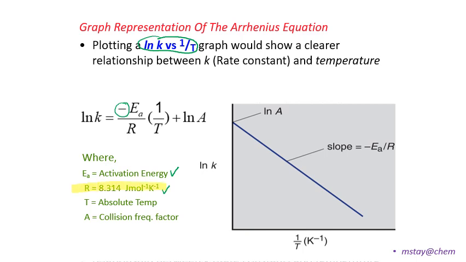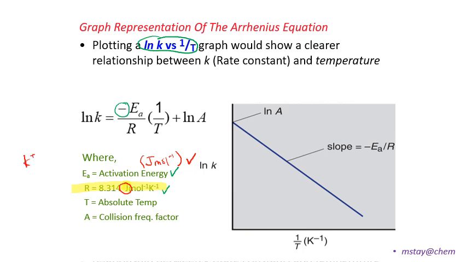Because the unit of the gas constant is in joule, when you do the calculation you have to make sure the activation energy is in the unit of joule per mole. Most of the time, the question gives us the activation energy in kilojoule per mole, but we want joule per mole.